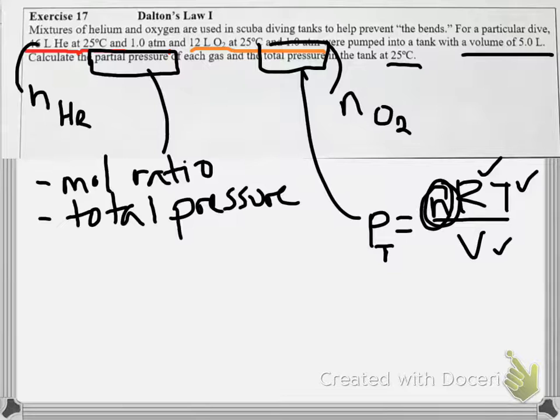So our total number of moles is going to be found by adding our moles of helium to our moles of oxygen. And then once we have our total pressure, we'll then be able to find our partial pressures. So I want you to pause the video and solve this on your own, and then you can continue playing the video to check your answer.